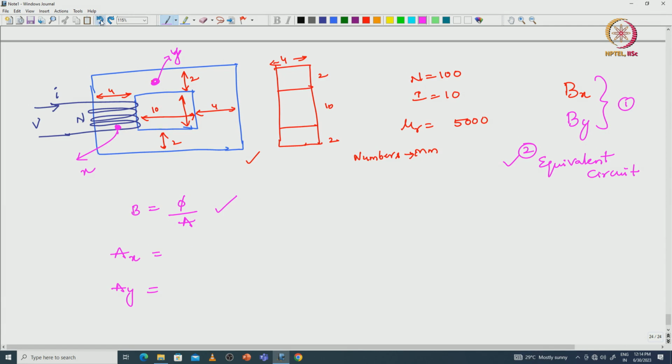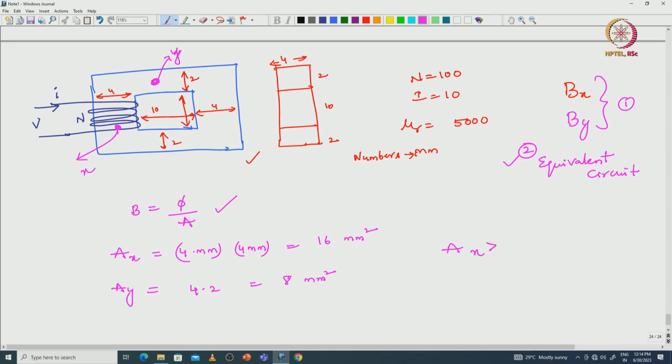So, width is 4 mm and depth is 4 mm again. So, we will see 16 mm square. Similarly, Ay is 4 into 2, then 8 mm square we will see.